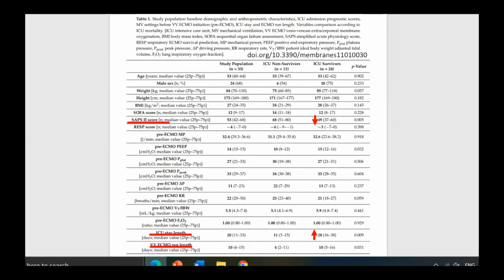And we could also see that the study population baseline characteristics, there really wasn't very much else that was found on this, except that survivors had a lower SAPS score, but they also had a longer length of stay and veno-venous ECMO duration.